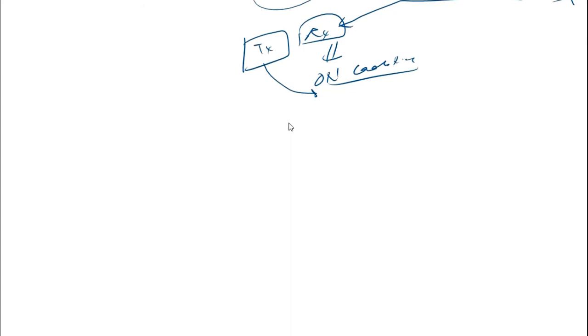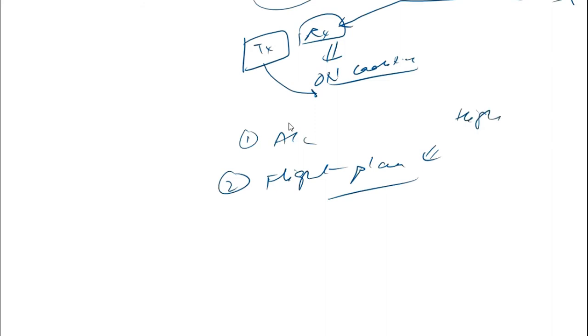This is one way in which ATC knows about the aircraft, and the second way is that he will have a flight plan. A flight plan is something we must have before a flight takes off. A flight plan is compulsory.